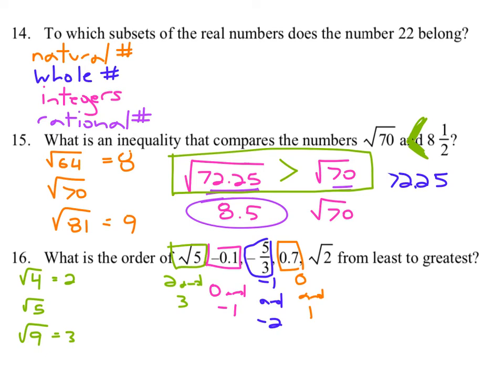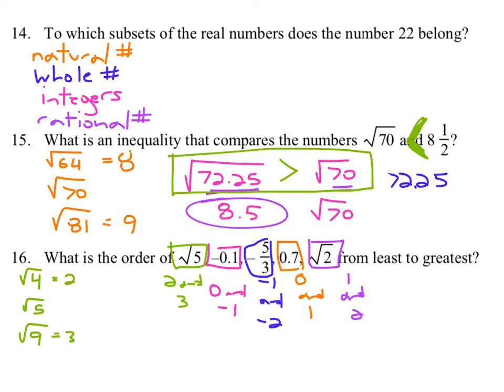And square root of 2, that's between the square root of 1, which is 1, and the square root of 4, which is 2. So that one's between 1 and 2.